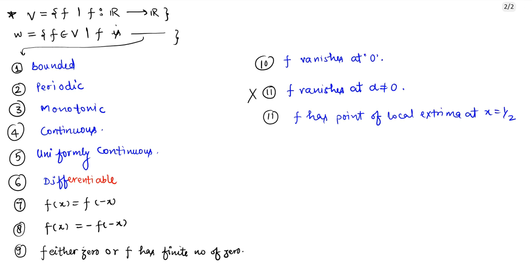That means f has a repeated 0 at 1 by 2. Two zeros means (x minus 1 by 2) whole square is present in f, but (x minus 1 by 2) whole cube is not there, right?